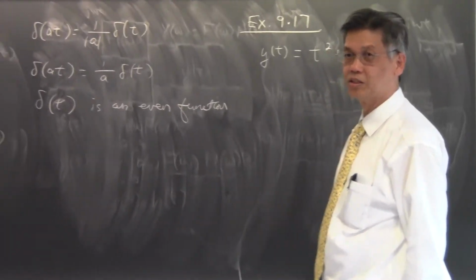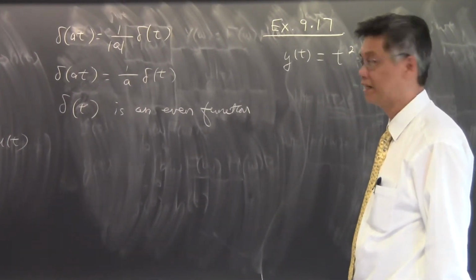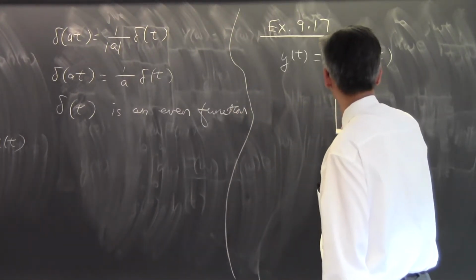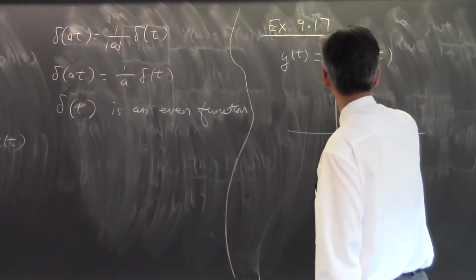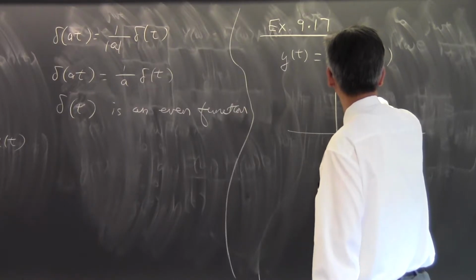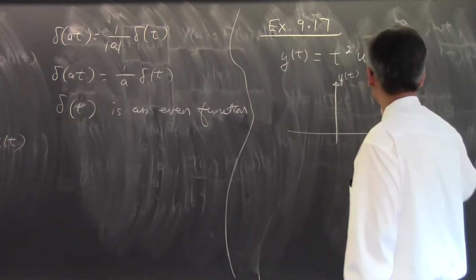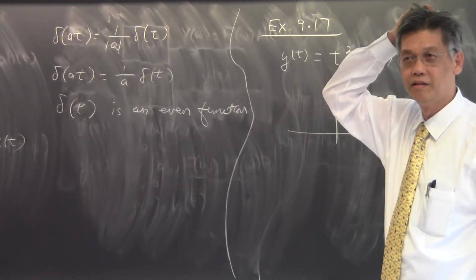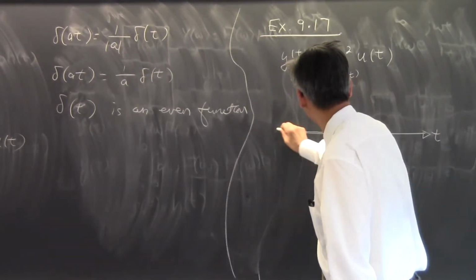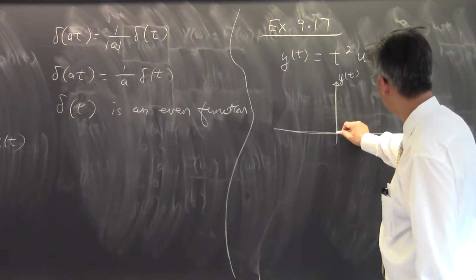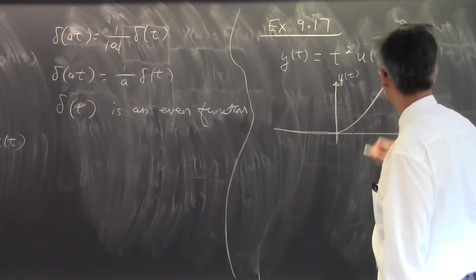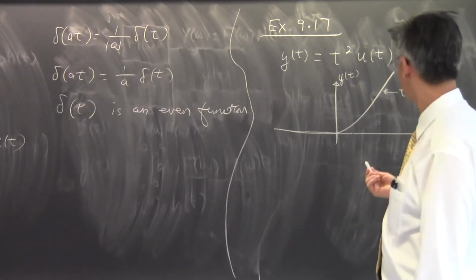You can do this intuitively, or you can do it mathematically. Intuitively, if I plot this function, it will look something like this. What is this function equal to when t is less than 0? 0. It's 0, so it looks like that. And then when t is larger than 0, it has a quadratic behavior, a t squared behavior.